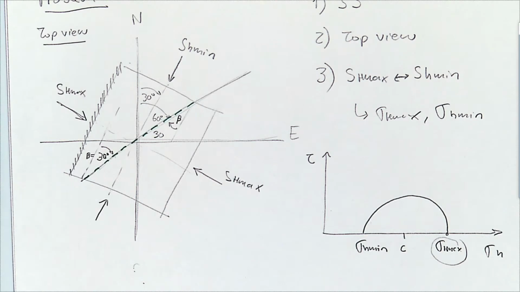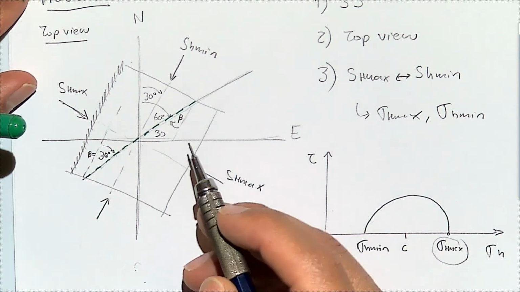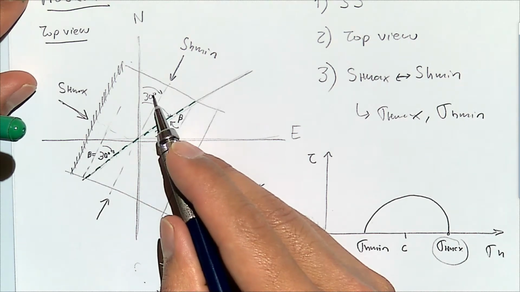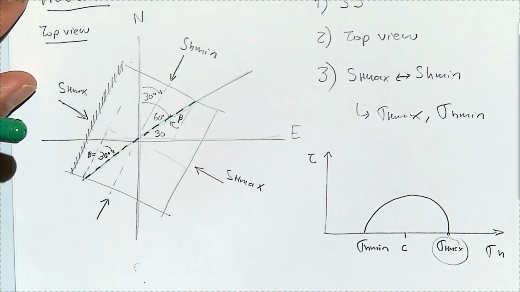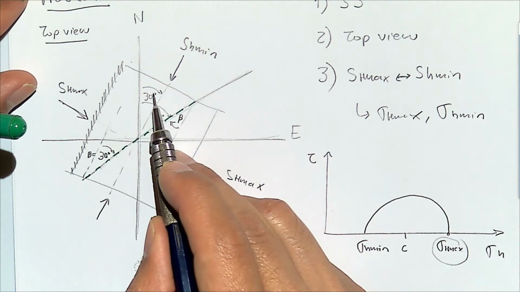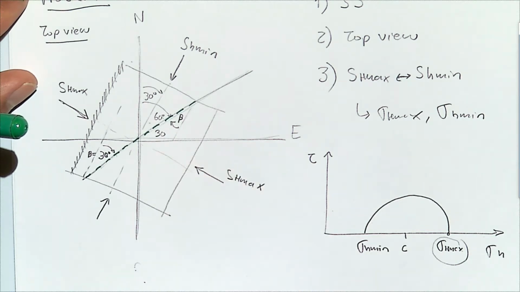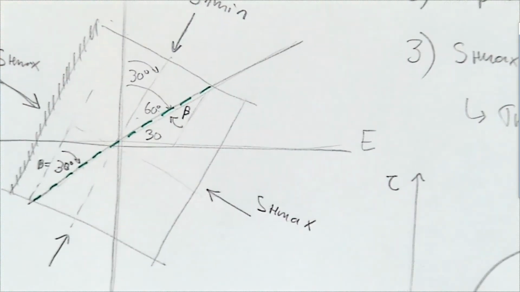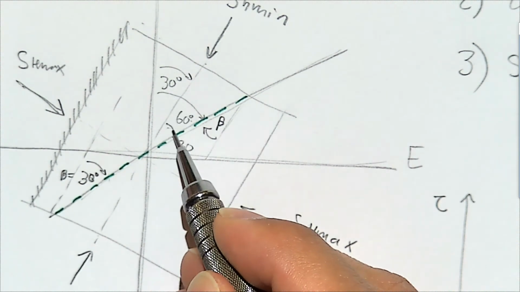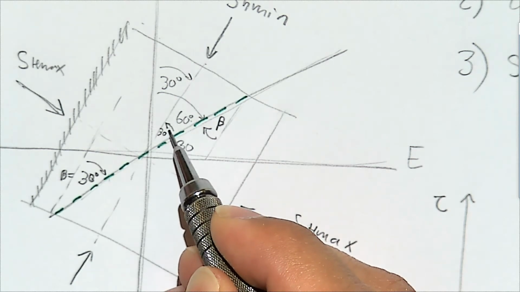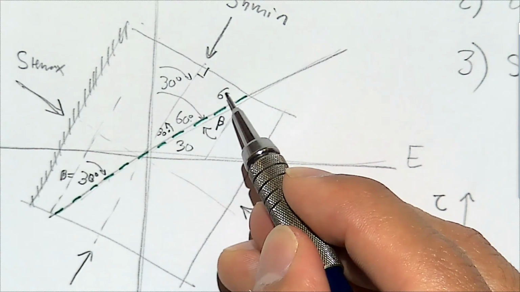So let me look for a more convincing explanation why that is 30 degrees. So I know this one is 30. Okay, I got it. If this is 30 and this is 60, this one should be 30, right? Let me zoom in. So if this is 30 and this is 60, this one must be 30. And because this is a right angle, this one must be 60.